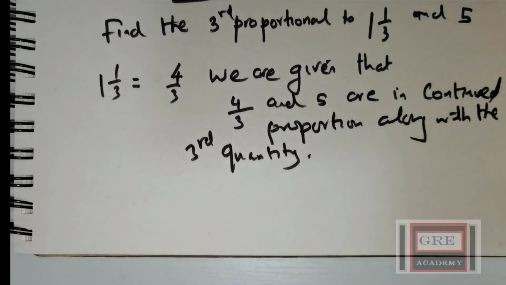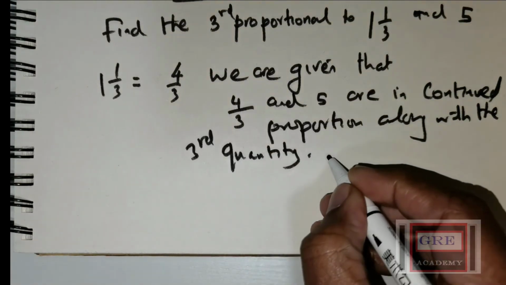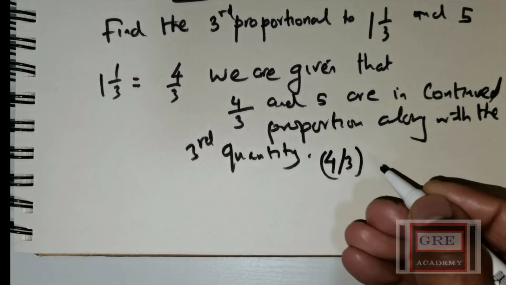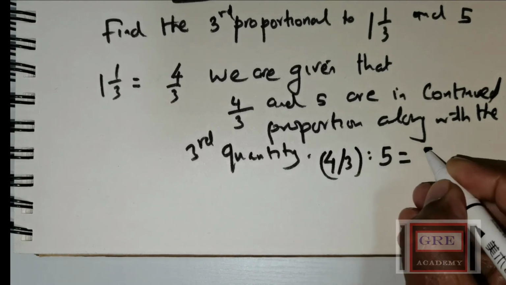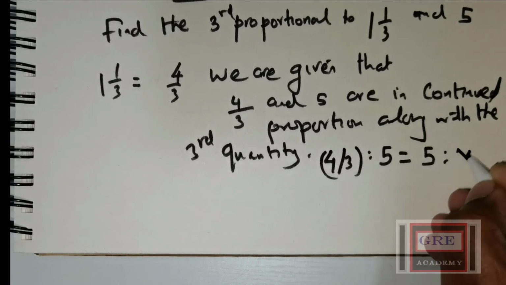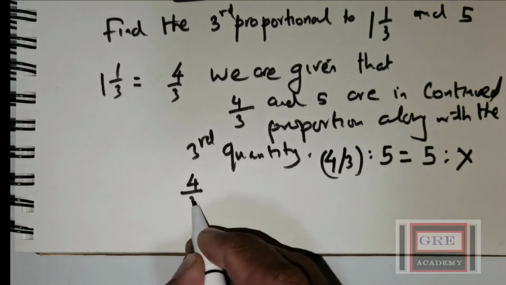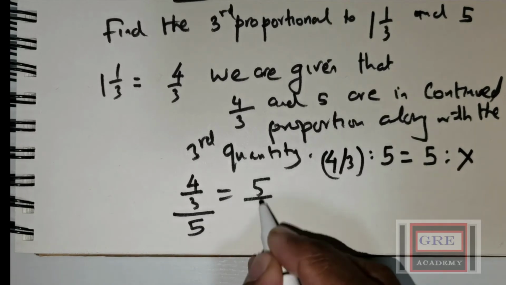So we are expected to find that third quantity. How are we going to do that? The given information, I can write as 4/3 is in proportion with 5, which is equal to 5 being in proportion with the third quantity. This can be further rewritten as 4 over 3 divided by 5 is equal to 5 over x.